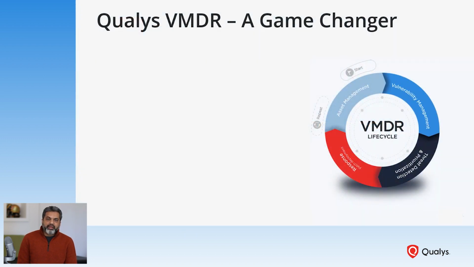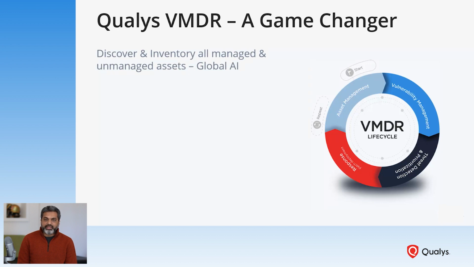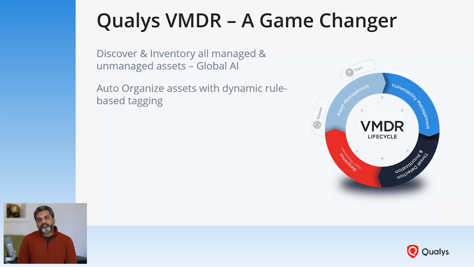And this is really combining, Qualys VMDR really combines the ability to do a precise job at looking at all of the inventory, discovering all of the assets, whether they are managed or unmanaged, organizing them. This is a very important part. Just having the asset information is not good enough if you cannot attribute to certain assets owners certain applications.